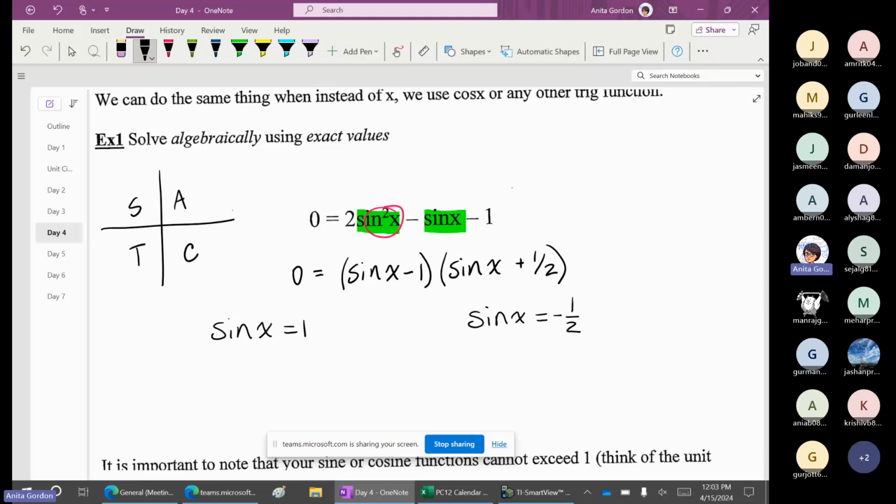This is where cosine, all, sine, and tangent are positive. I know that the coordinates here are 1, 0, 0, 1, -1, 0, and 0, -1. And that the x and y coordinates represent cosine theta, sine theta.